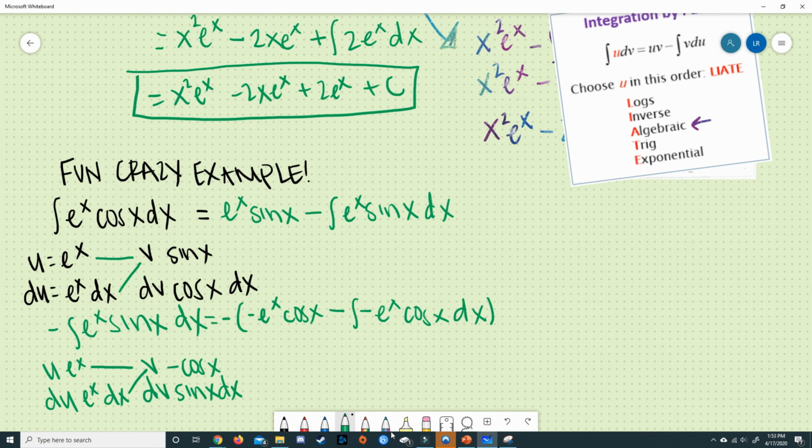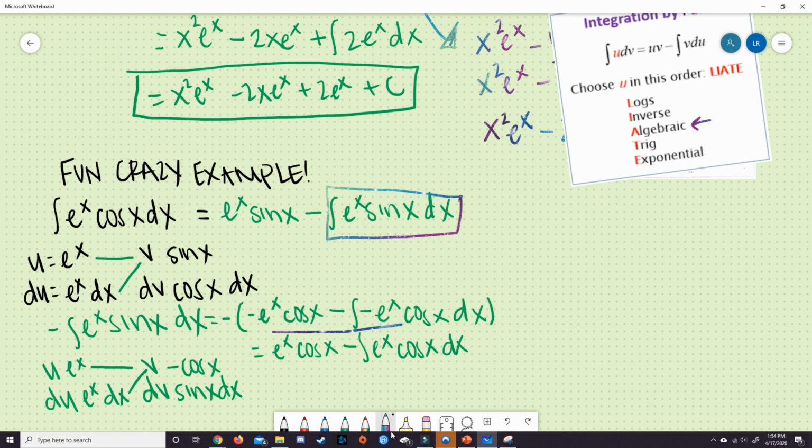This turns into e to the x cosine of x minus, there's three negatives, 1, 2, 3, the integral of e to the x cosine of x dx. Whew, this is insane. So this I can actually replace with this. I'm going to erase this right here, and I'm going to replace it with what I know that it equals, because that's the way equations work.